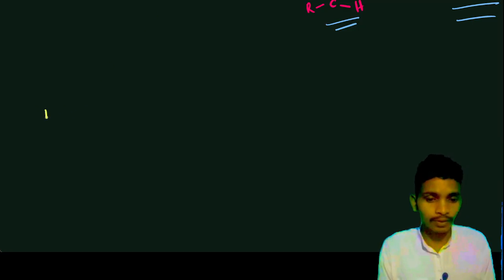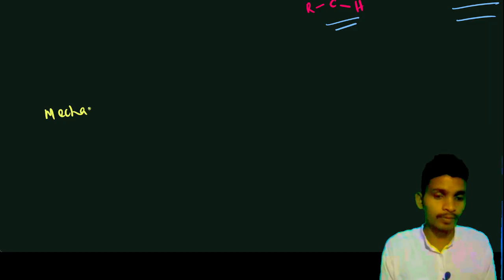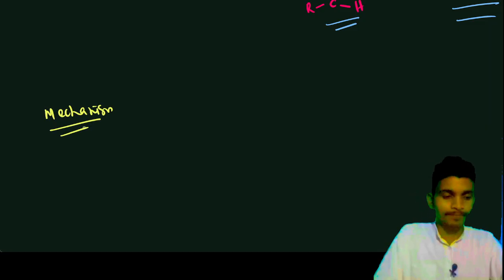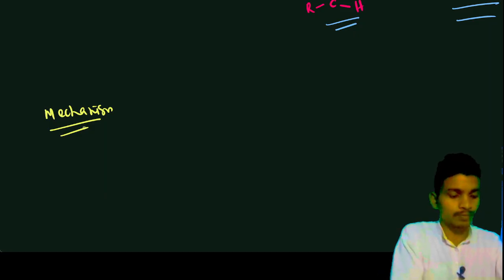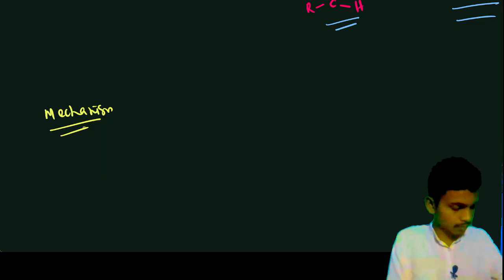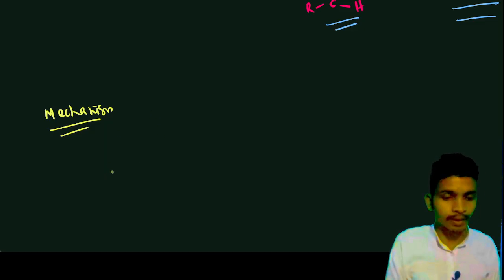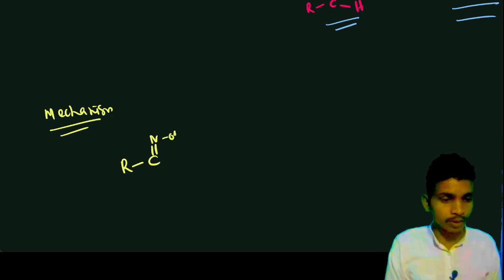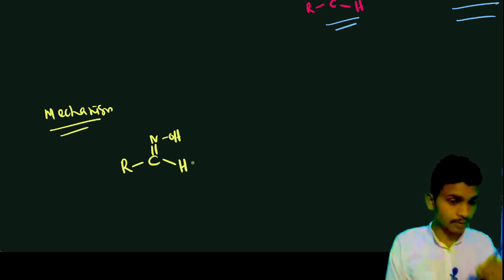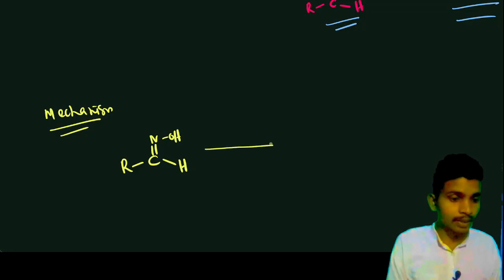So let's discuss the mechanism, how the mechanism will proceed. Let's say we have these groups. I am directly starting from the oxime, and OH is there, and here H is there.